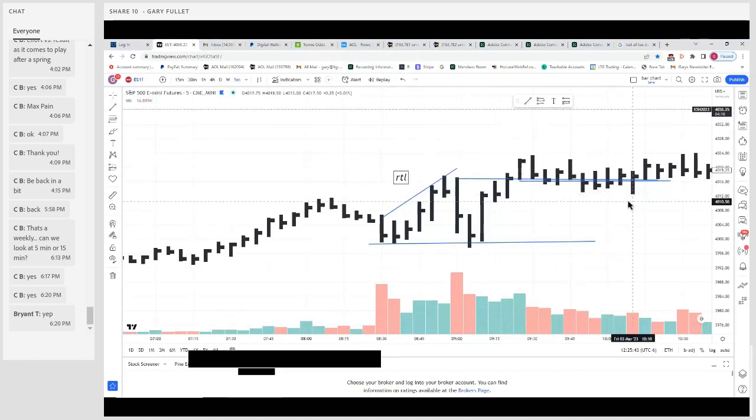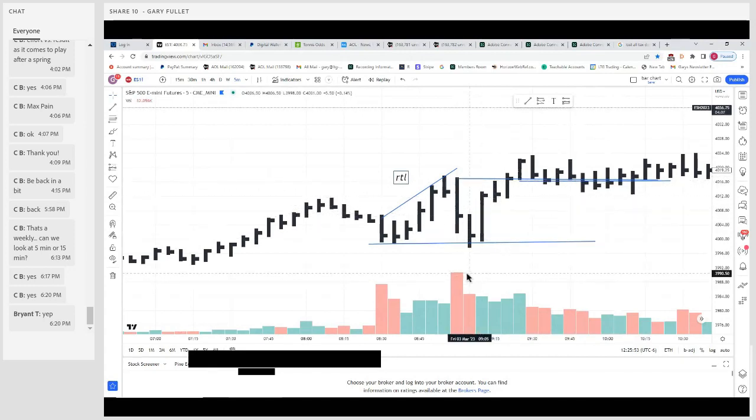So the market goes sideways, and now we're looking for an opportunity to buy the market because we have buying in the background, and the buying overtook the selling. High volume bars get retested. In this particular case, the market now absorbs the selling, and we're looking for opportunities to get long.